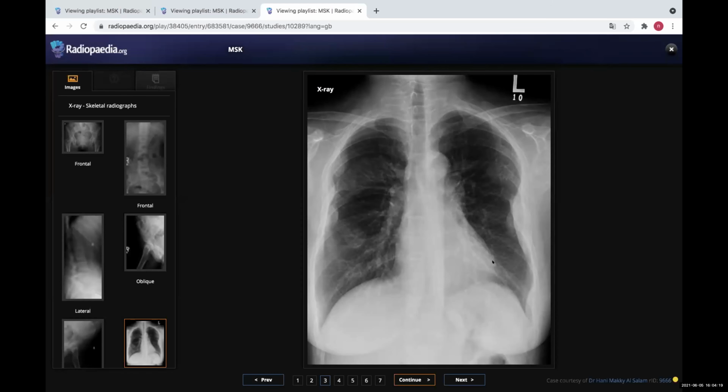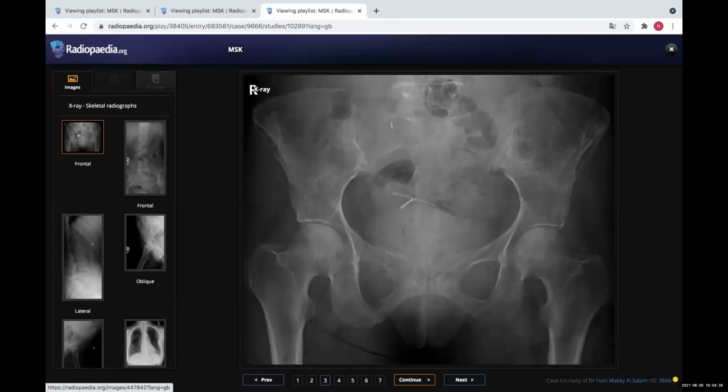Basically, these are multiple expansile lytic lesions involving the bones. So I'll be thinking about the differentials of expansile metastasis or other conditions like multiple myeloma.